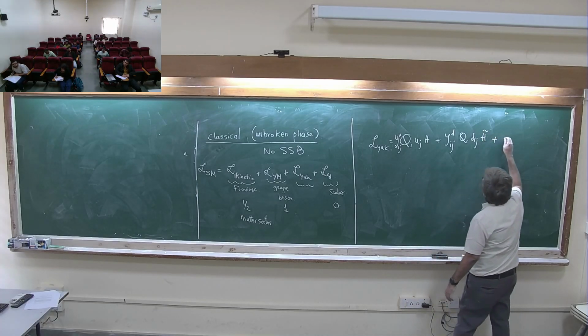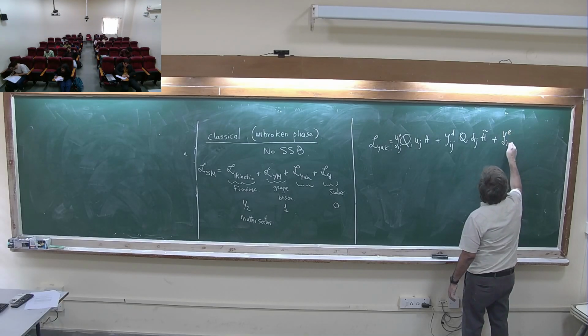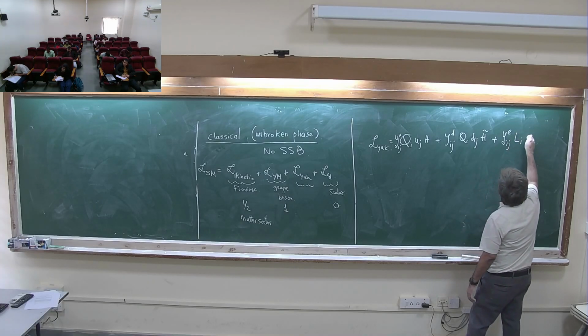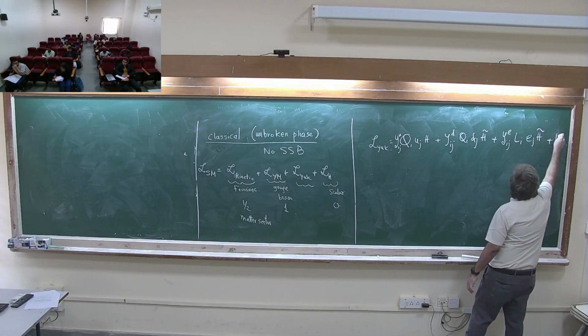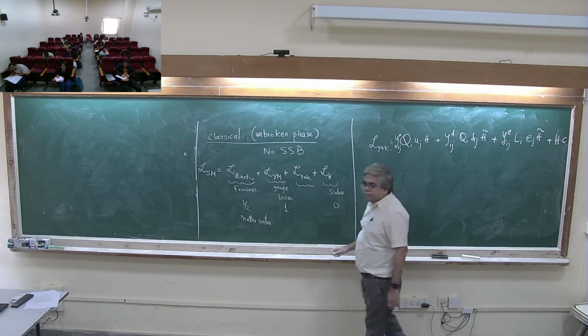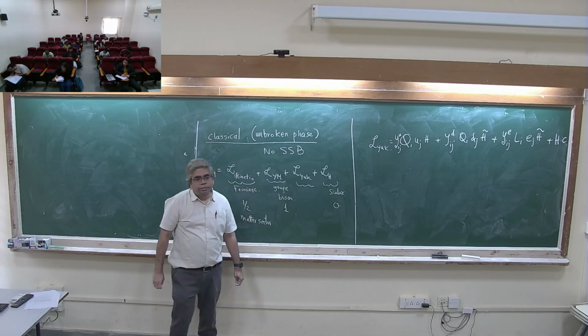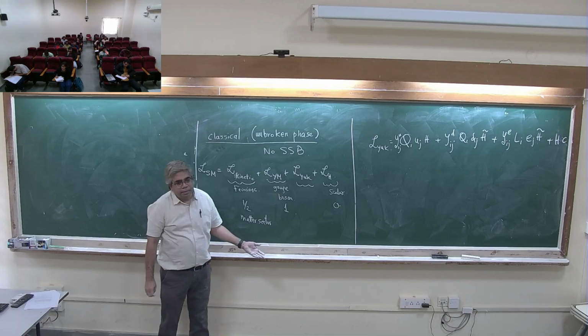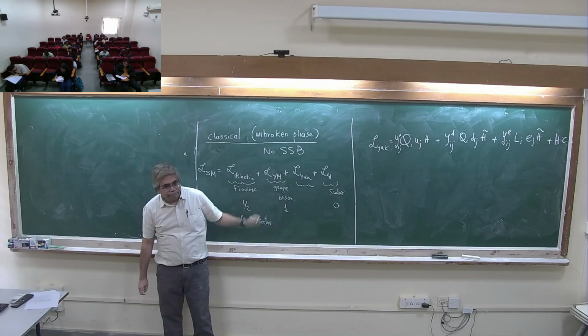Why the Hermitian conjugate? Yukawa couplings can be complex. So the Lagrangian should always be real. Okay? So you add a Hermitian conjugate.